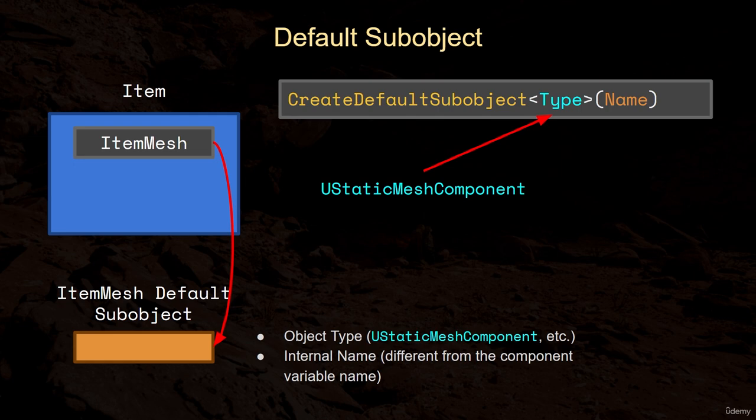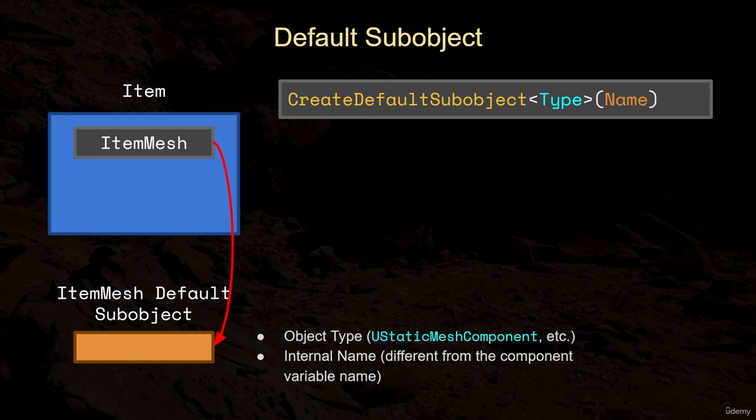And in the parentheses, we provide the name for the object. This is that internal name. We pass it in as a string. And as we've learned previously, it's a good idea to wrap our string literals in the TEXT macro to ensure that they're in the Unicode format. So this is how we create the default subobject for a new component.